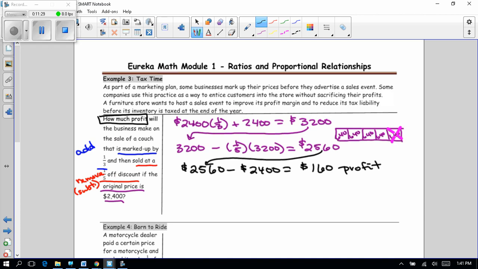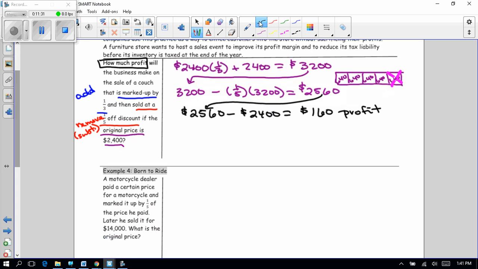All right. Now another way to do this, because remember I'm going to show you guys multiple ways to do this. We could have taken 1 plus the 1/3, right? Because remember they marked it up 1/3 and multiplied it by the $2,400 and still got the $3,200. And then you could have taken that and did 1 minus the 1/5, because that's the discount.